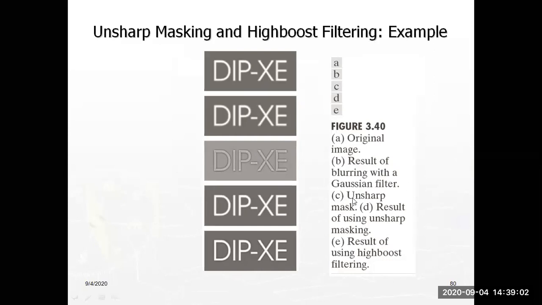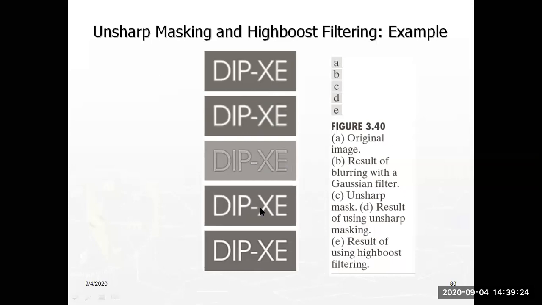And what is C? The unsharp mask. That means the second image is subtracted from the first image, and the image will look like this. That is called the unsharp mask. Then what is D? The result of using unsharp masking.